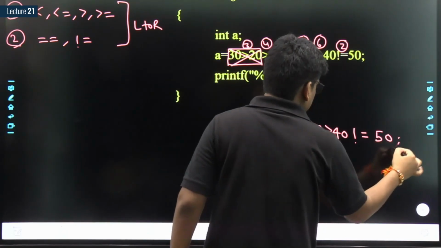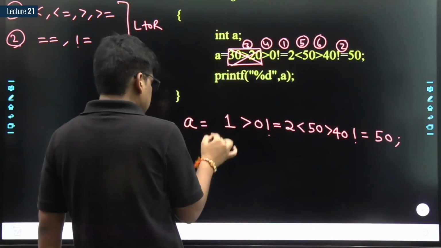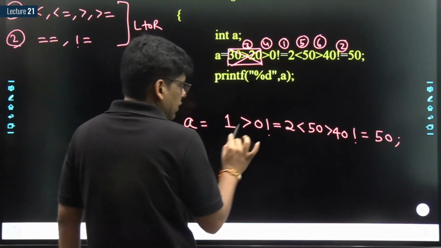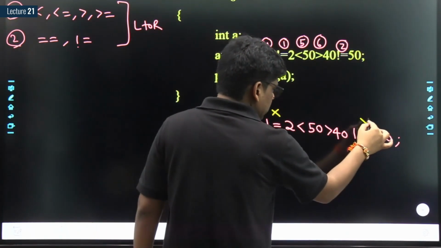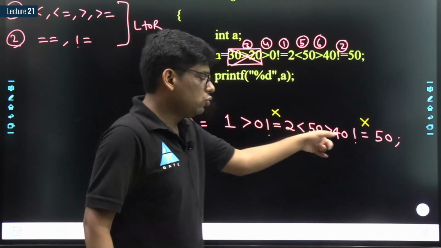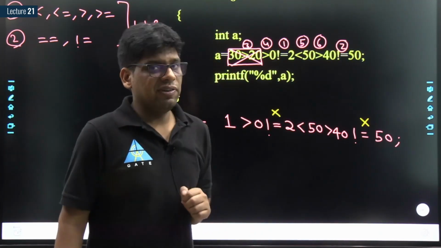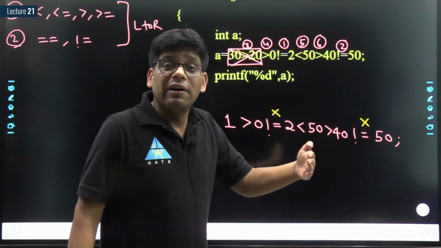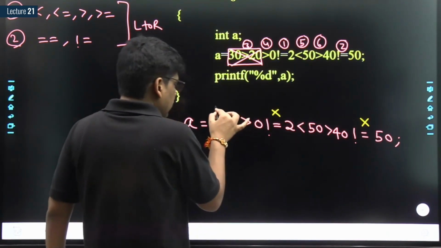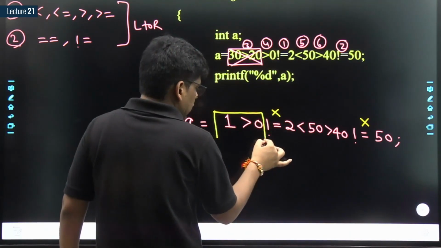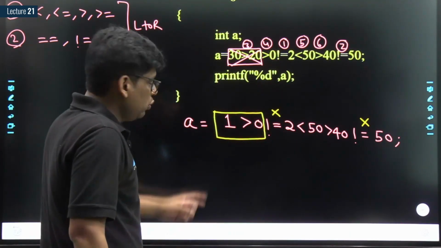Okay, sir. Now which one will be performed first? We are not talking about this one, of course. Among these three, all are of the same priority. Which one will be performed first? Move left to right, associativity. If I move left to right, this one comes first. That is why we need to evaluate this first.